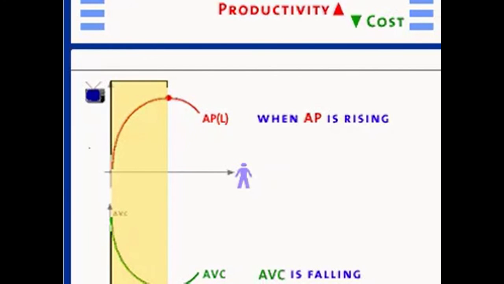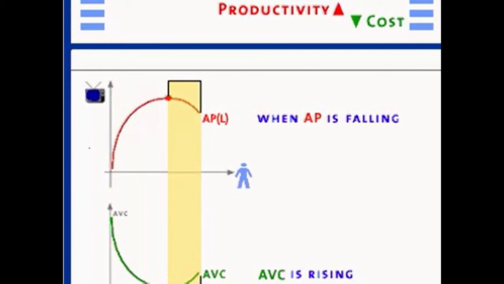And after that point, if you hire extra workers to produce more television sets, the average product of labor is falling. That is, the typical worker now produces less and less. That means you've got to hire more and more workers in order to produce a television set, and the cost per television is going up. The labor cost per television increases as the average product of labor falls.